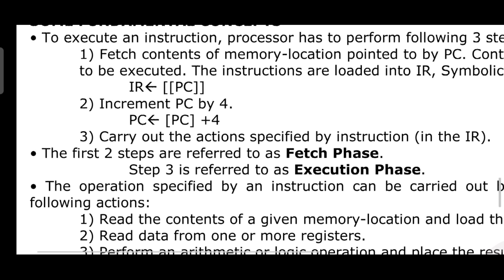Then step number 2, go for incrementing the existing value of PC by adding a constant value 4. So these two are collectively called the fetch phase. And the third step is what? Since the instruction contents are loaded onto IR, take the necessary action. That is what the instruction register is.